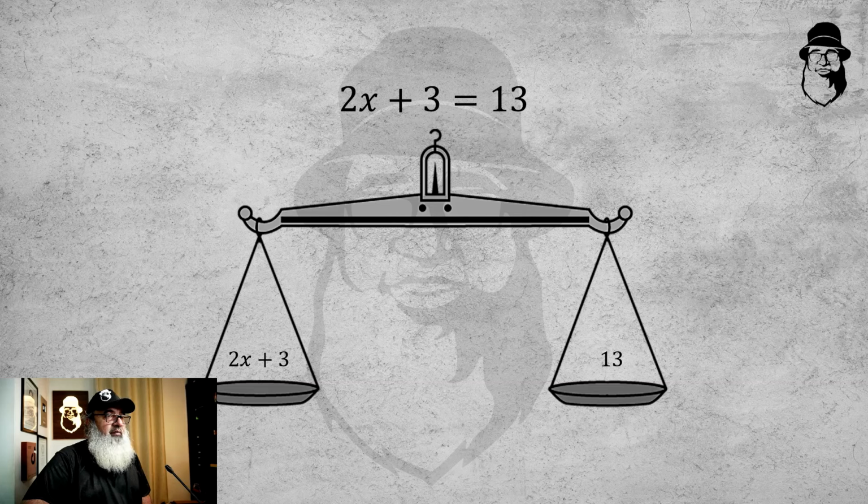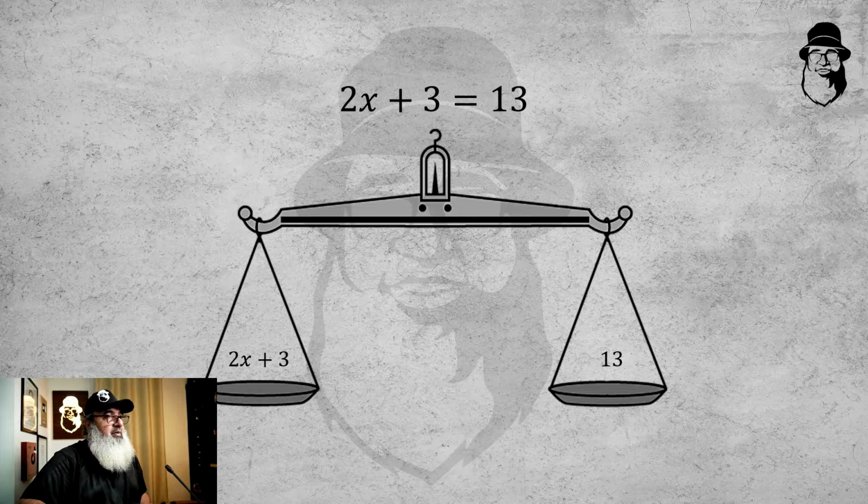Now here we have 2x plus 3 on the left side and 13 on the right side. Because the two sides of an equation are always equal, they balance, and they will still balance if we add the same amount to each side or subtract the same amount from each side.